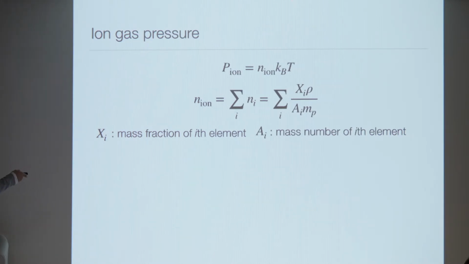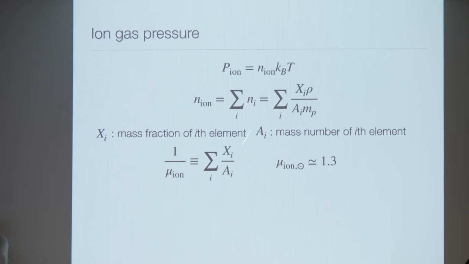This x is the mass fraction of the ith element, which you divide by the mass number times the proton mass, and that is basically the number density.